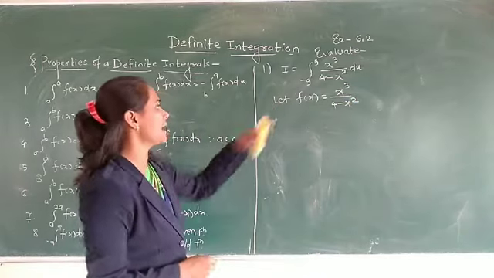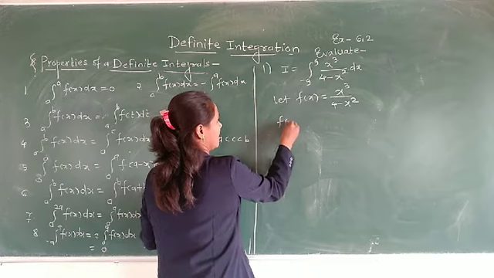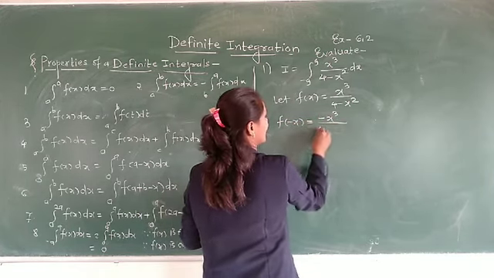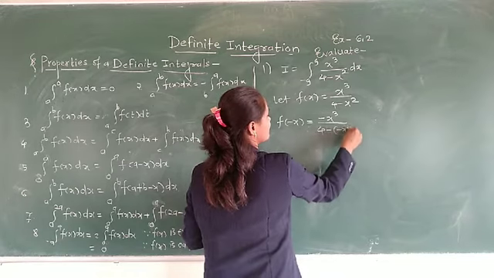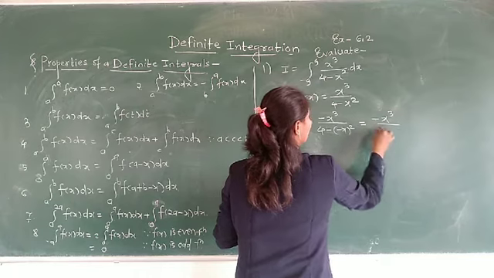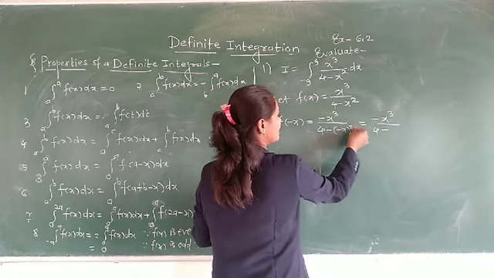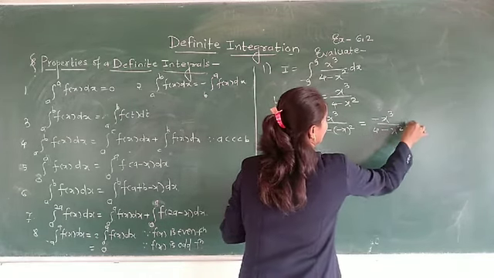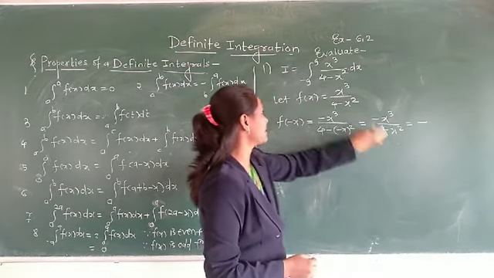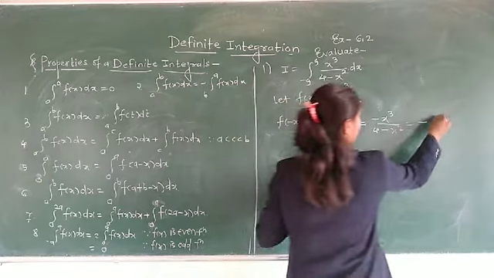Now replace x by minus x. f of minus x is equal to minus x cube divided by 4 minus x square. The minus x cube stays as it is, 4 minus x square stays as it is, and x cube upon 4 minus x square is our function.